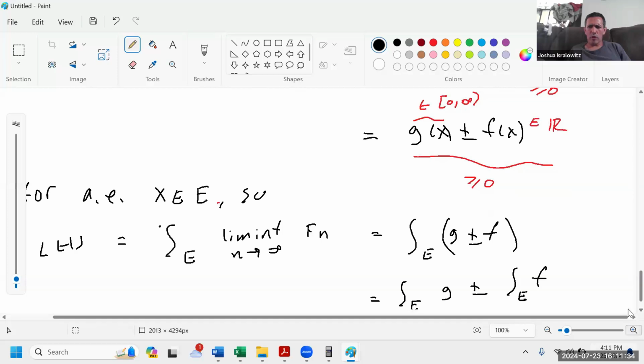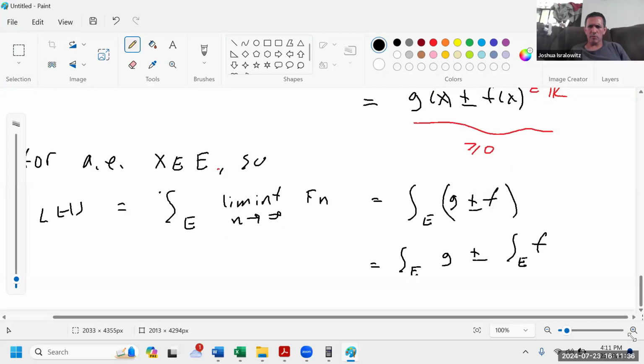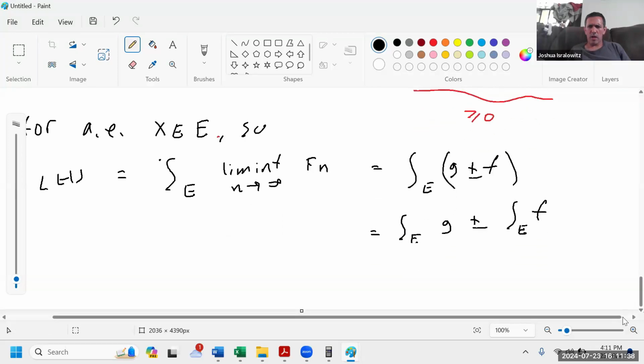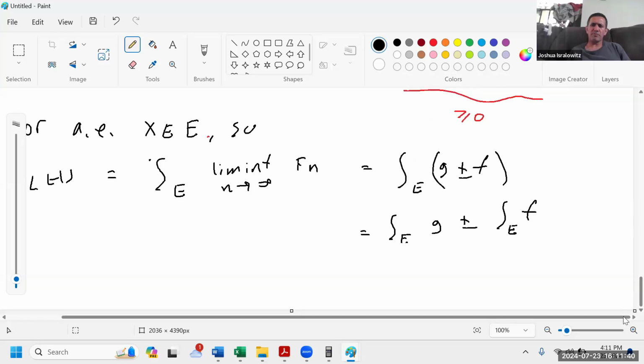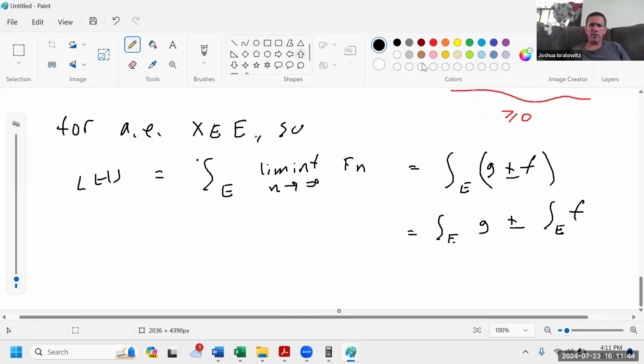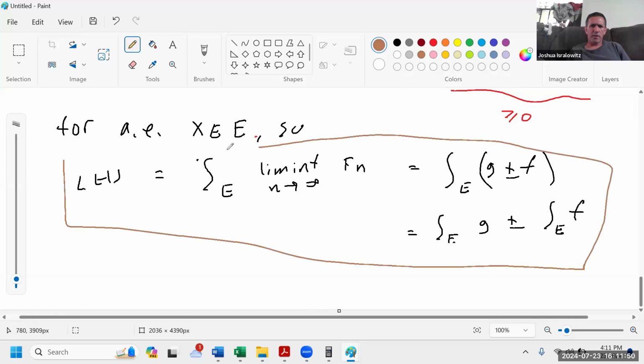So this is a well-defined real number. The integrals make sense. No problem whatsoever. Okay. Takes care of the left-hand side. And let's take care of the right-hand side, which is a little simpler.